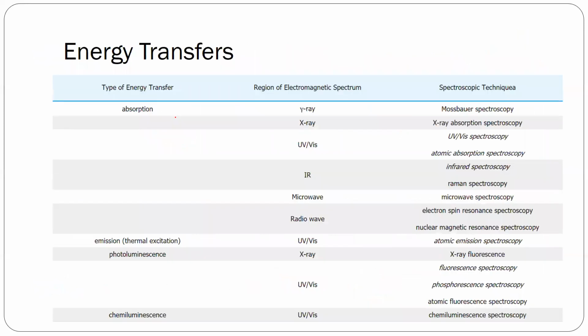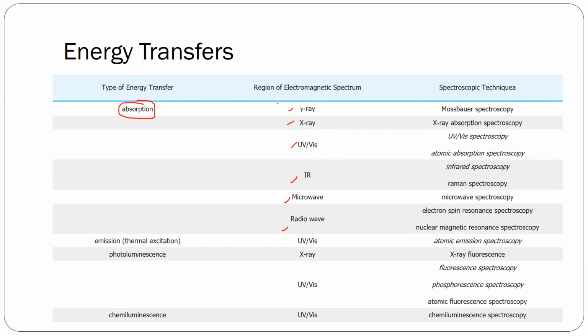Now, what are the types of energy transfers? So, na-discuss ko na kanina. Changes in the quantum state like electronic transition or vibration ng molecule, etc. So, but for energy transfers, okay, when we call it absorption, usually ang nagpa-participate na electromagnetic radiation is gamma rays, X-rays, UV, even IR, microwave, and radio.